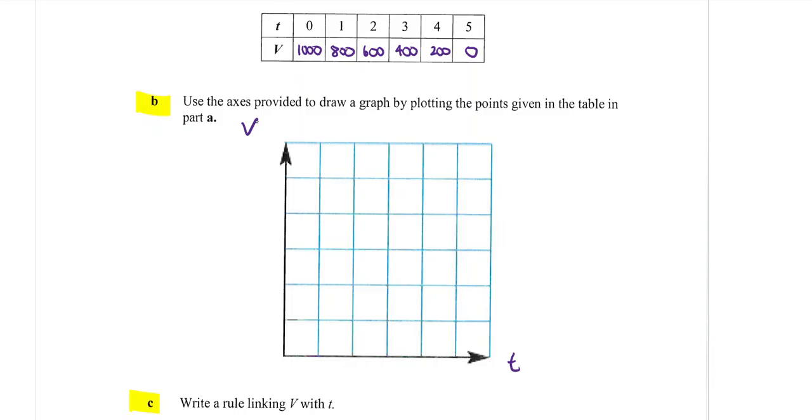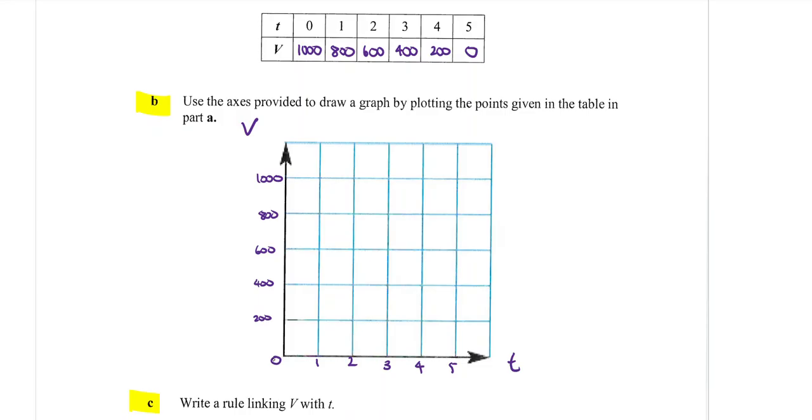We're going to have 0 at the start. 1, 2, 3, 4, 5. Maybe let's just go up by 200s. I think it'll fit. So 200, 400, 600, 800, and 1,000. Okay, so 0 is obviously right there at the start in the corner.